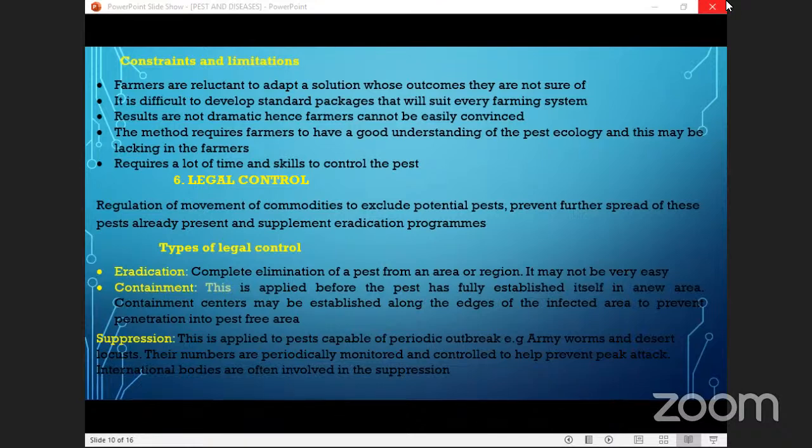When the locusts came in 2019 and 2020, different bodies had to come in place to make sure that they suppress, they reduce the multiplication of these pests. Suppression simply means you reduce their multiplication. So those are the different legal control measures.